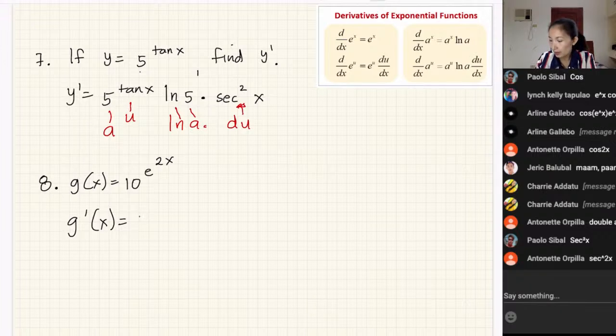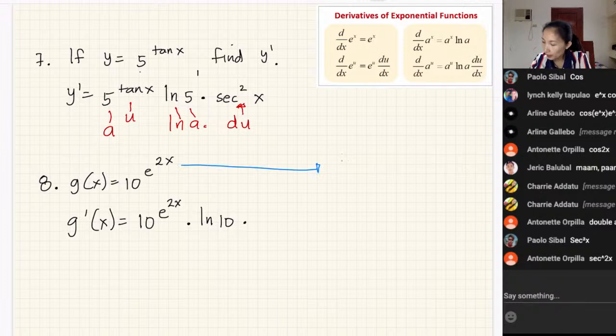So 10 raised to e raised to 2x times natural logarithm of 10 times. Okay, take note that this is our u. Here is our u. Our u is e raised to 2x.